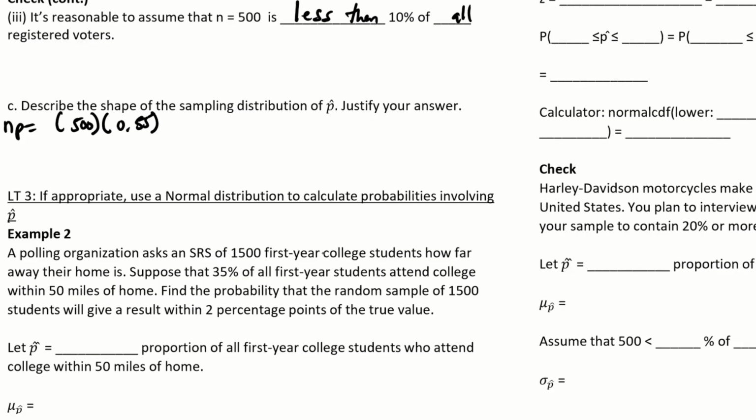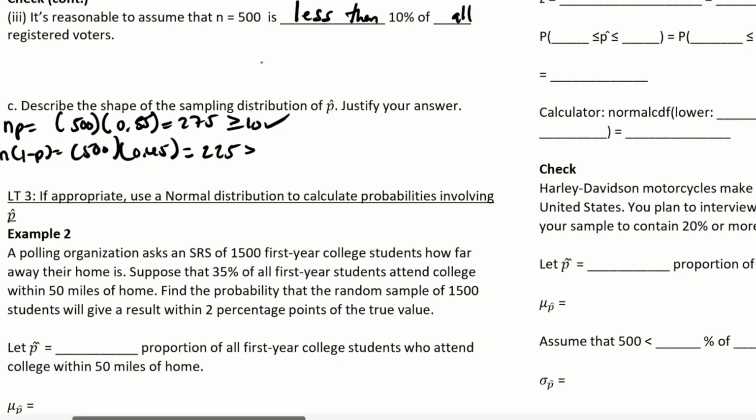So we get 500 times 0.55 is about 275, which is greater than or equal to 10, way bigger. n times 1 minus p, 500 times 0.45, which is 295. Wait, is it? So it's 225. Okay, not 295, but 225. All right, and so therefore it's approximately normal since it passes both checks. Okay, so approximately normal. All right, that's it for learning targets 1 and 2.